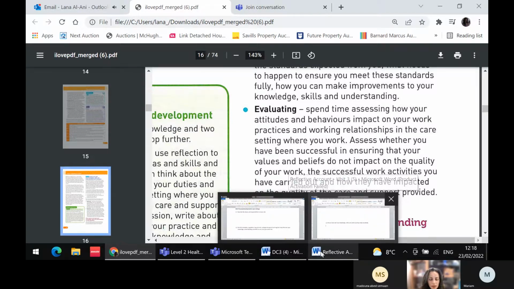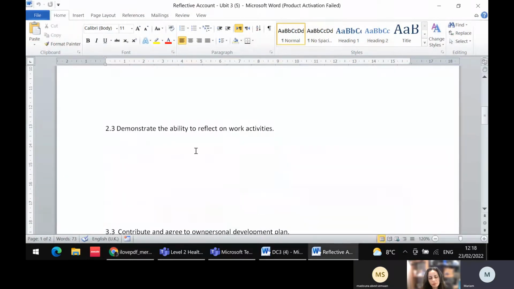Is this okay? Understood? Yes. Okay, excellent. Now demonstrate the ability to reflect on work activities. So how can you reflect on your own abilities?